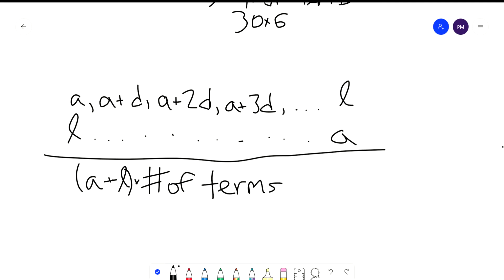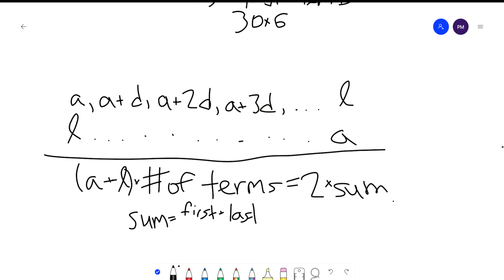And this equals 2 times the sum. So if you want to find the sum, we just have to divide by 2. So we get that the sum equals the first term plus the last term divided by 2, times the number of terms.